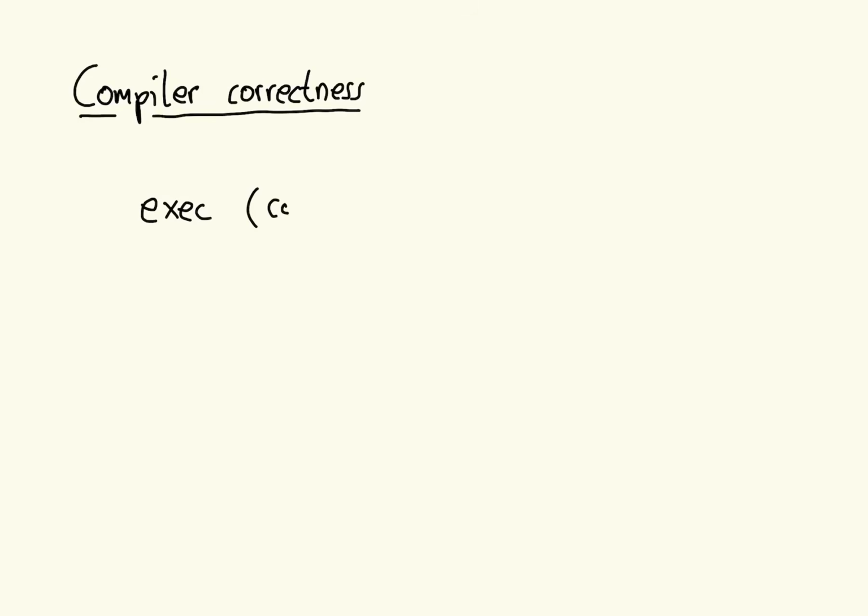So we can write down a simple statement of compiler correctness now. So compiler correctness. So what does this actually mean? What it means for our compiler to be correct is if we execute the result of compiling any old expression E using an empty initial stack, then what we expect to get back is the evaluated value of that expression sitting on a little stack on its own.